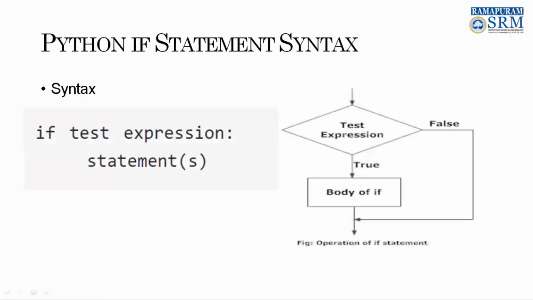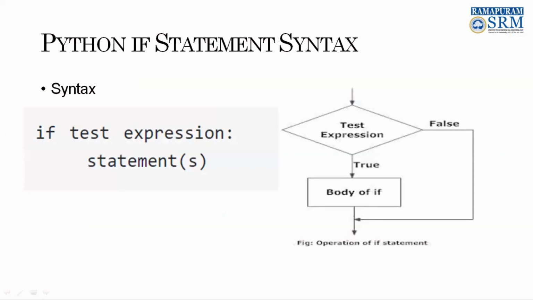First, the if statement. This is the syntax for the if statement. If test expression. Here, no brackets, nothing else to mention. You only give a space before the test expression, or a condition. If the condition is true, the statements will get executed. How can we represent the statement?